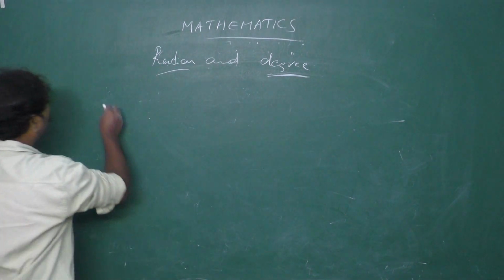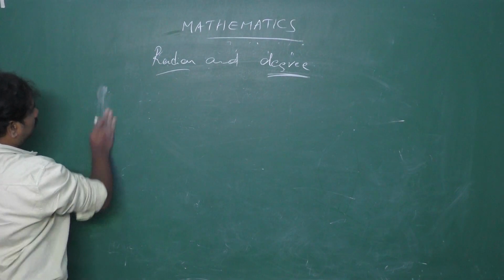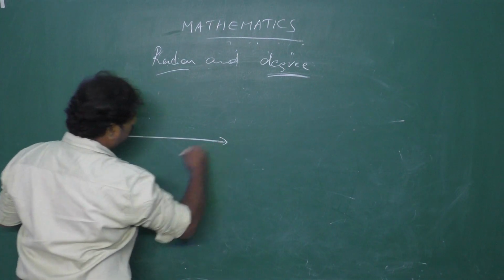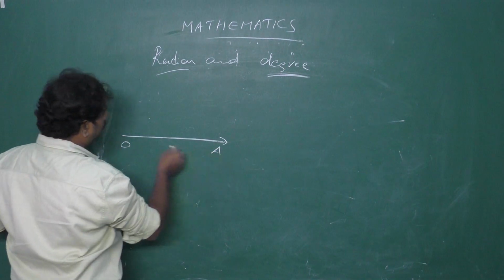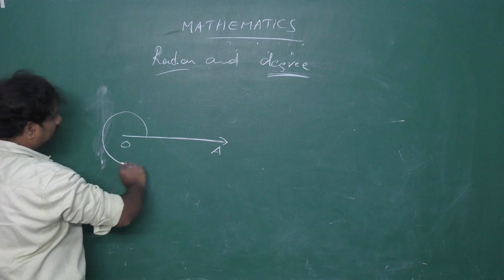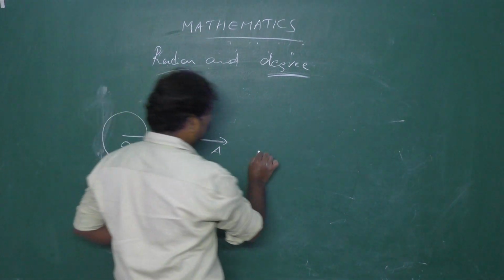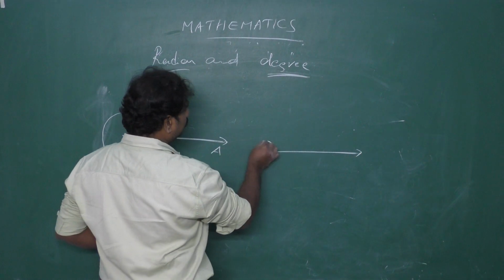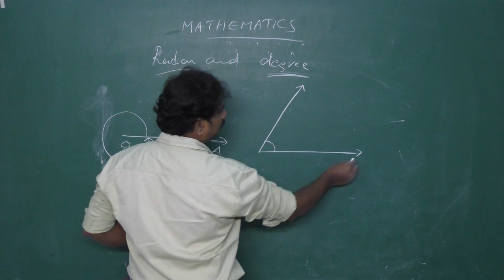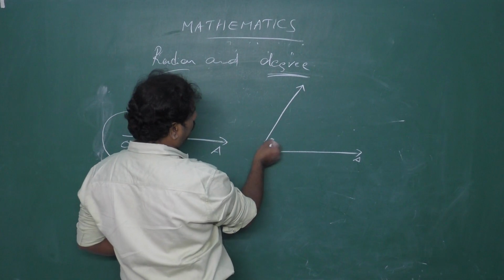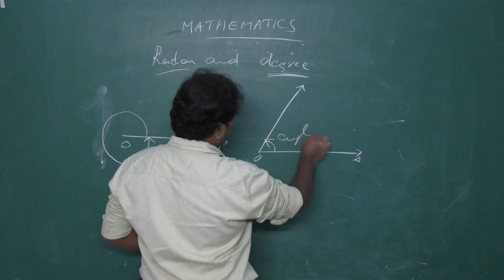Actually, how do they define degree? By the definition of an angle, suppose you take a ray OA which rotates, and how much distance it rotates is called an angle. Suppose OA ray rotated till here, and this is some angle.